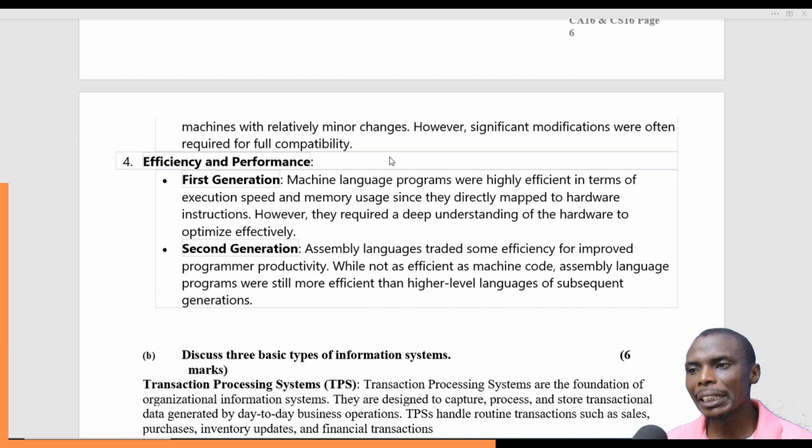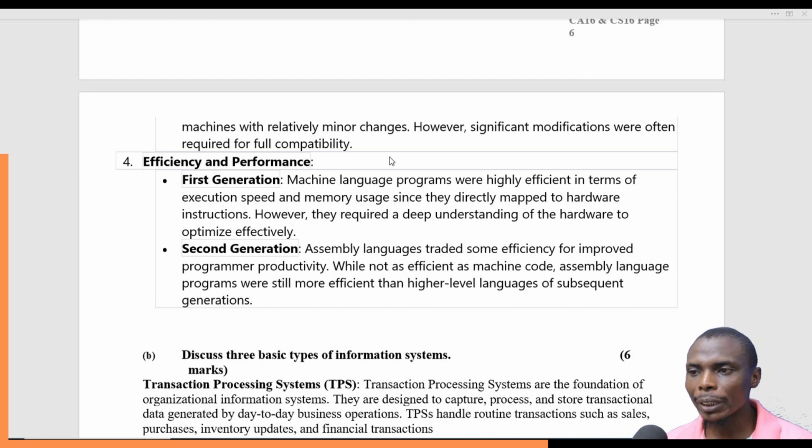And lastly, let's look at efficiency and performance. So the machine language programs were highly efficient in terms of execution speed. Though they were complex, they could use a relatively small amount of memory because they were directly mapped into hardware instructions. But the only disadvantage is that they required a very deep understanding of the hardware.